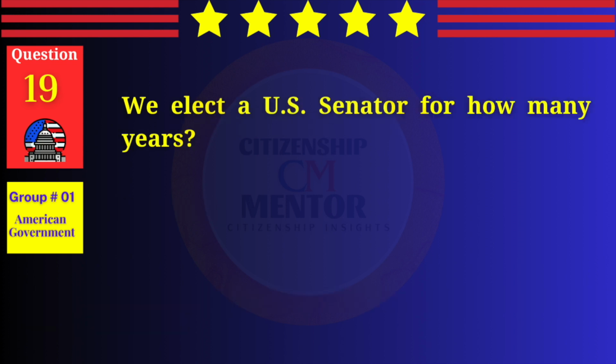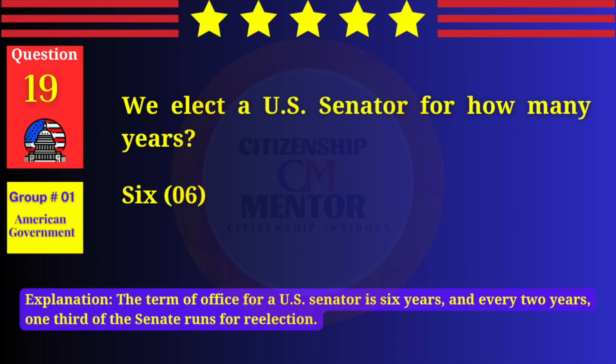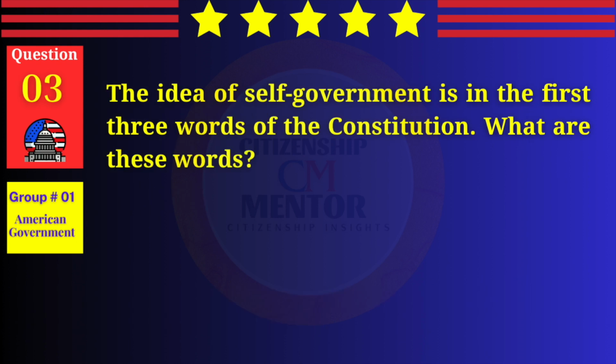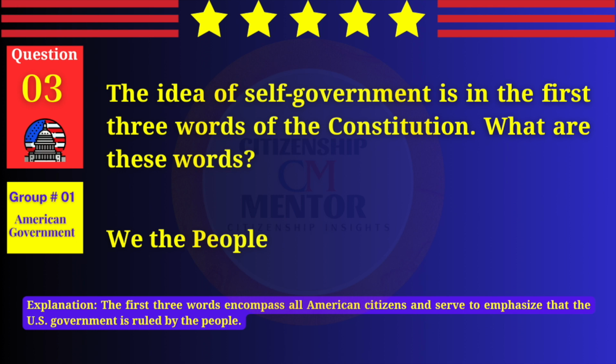We elect a U.S. Senator for how many years? 6. The idea of self-government is in the first 3 words of the Constitution. What are these words? We the people.